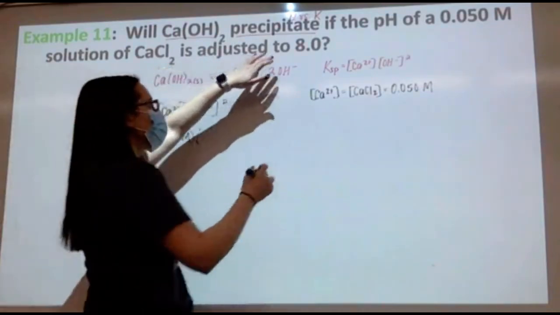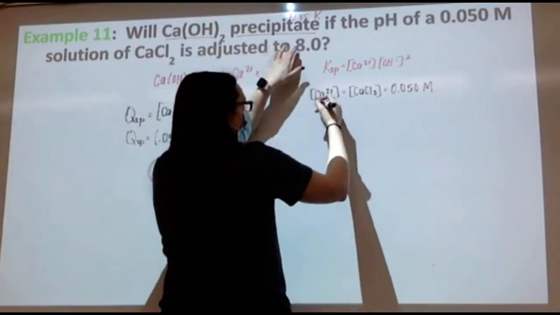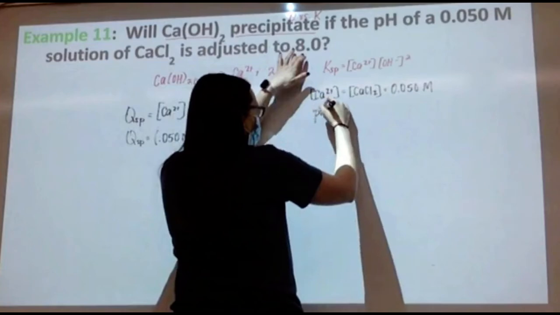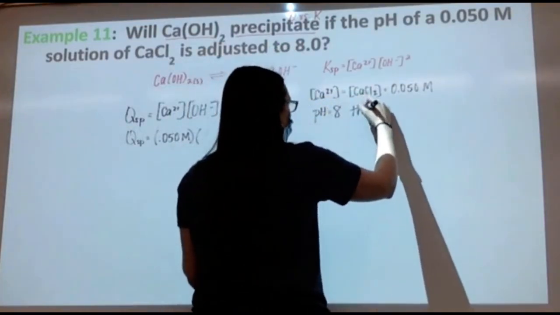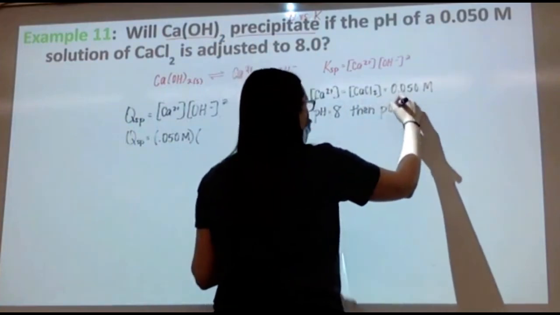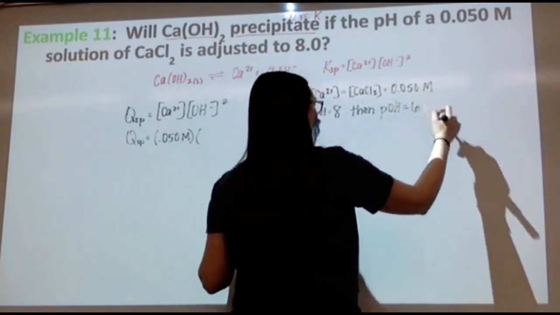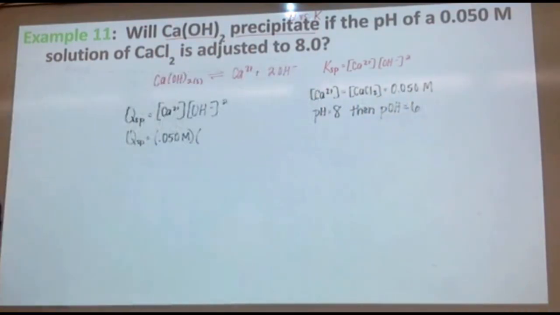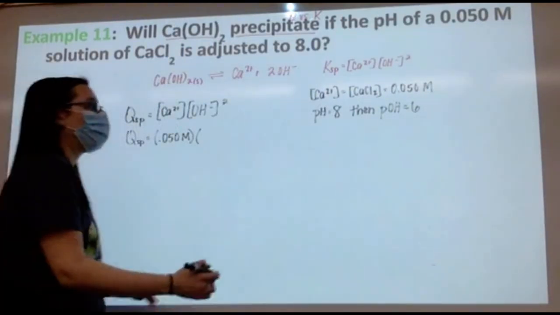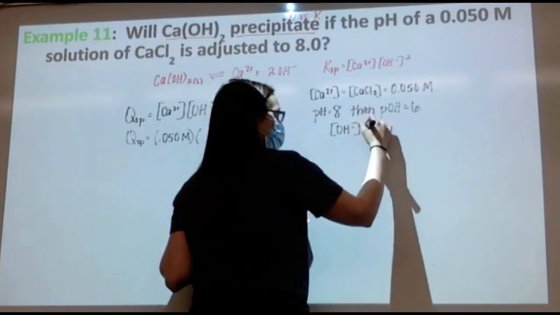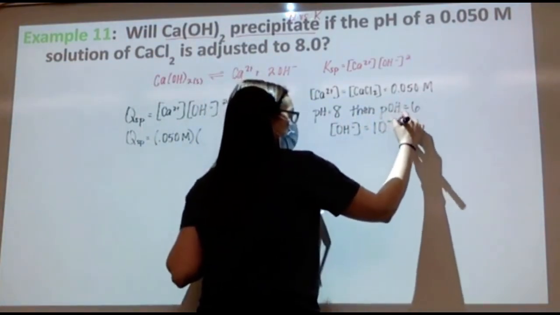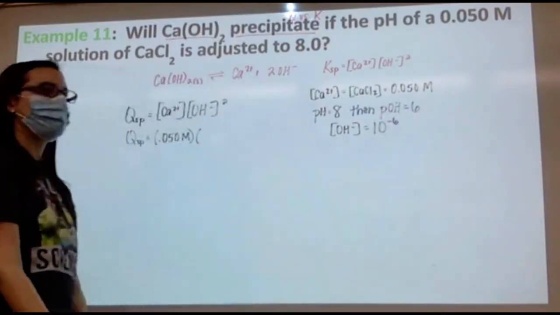OH- will be based on the pH. So if the pH is 8, what's the pOH? 6. Be careful. Do not use 8. That is pH. So if I want the OH- concentration, that's 10 to the negative pOH.